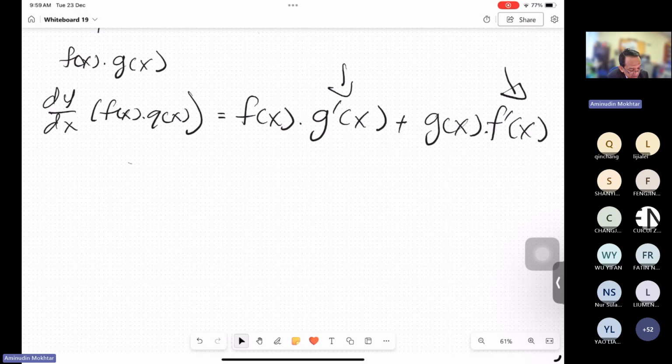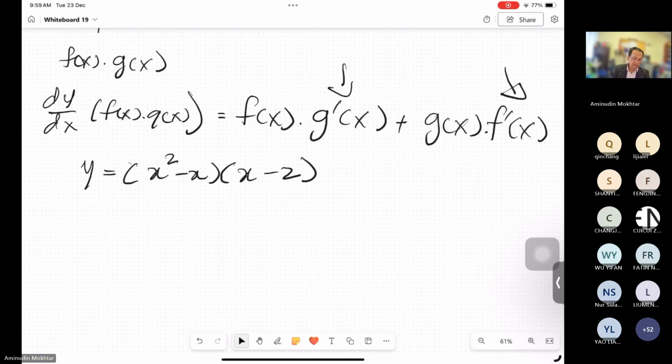Let's say, for example, I have this function y equal to x squared minus x times x minus 2, and I would like to find the first derivative dy/dx. This function has two parts, two elements.